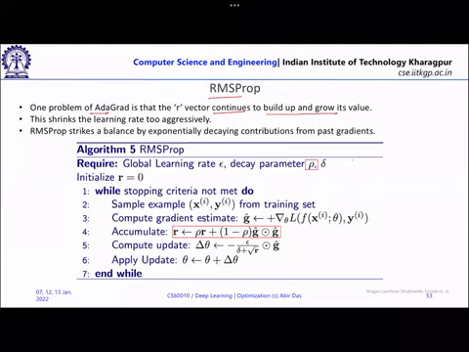Now this RMSProp cleverly does this. RMSProp strikes a balance by exponentially decaying contributions from past gradients. So as you move ahead in the while loop, the previous ones will exponentially decrease.